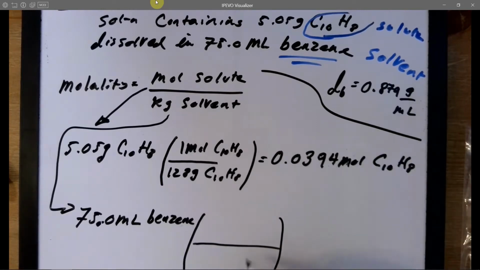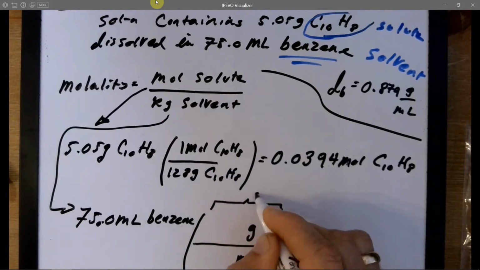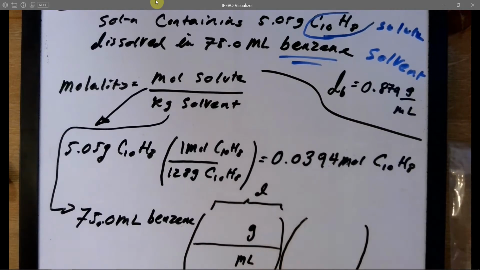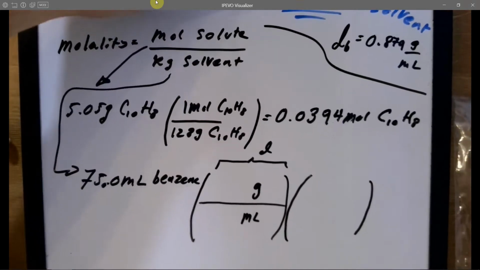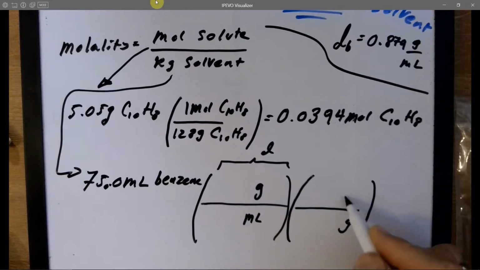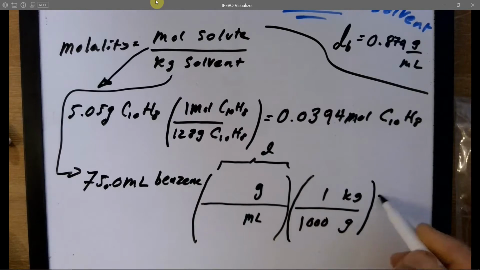So I'm going to get rid of milliliters and go to grams using density. And then I'm going to get rid of grams and go to kilograms using the fact that 1,000 grams is a kilogram. Okay, and then I should get my kilograms of benzene.